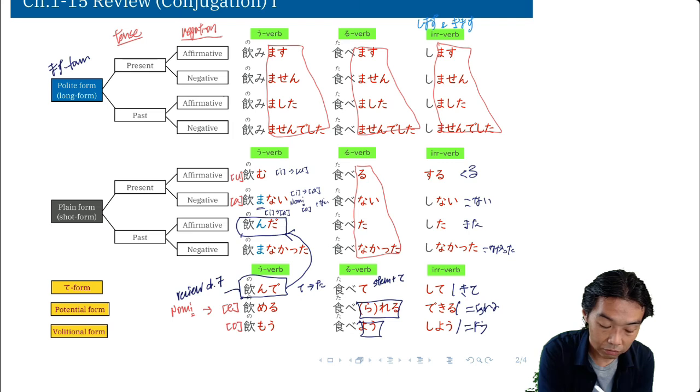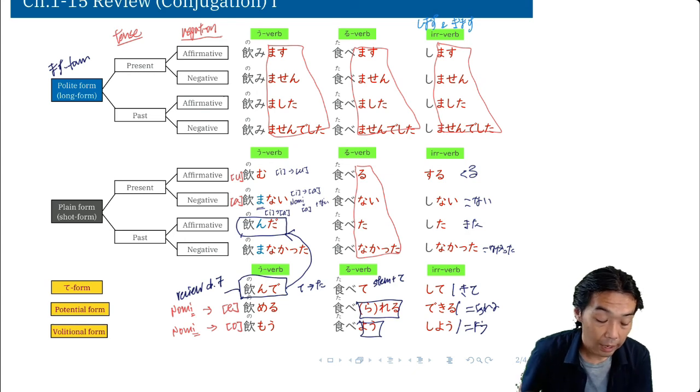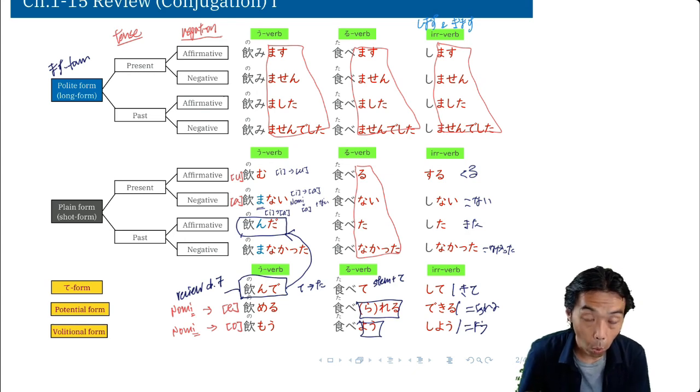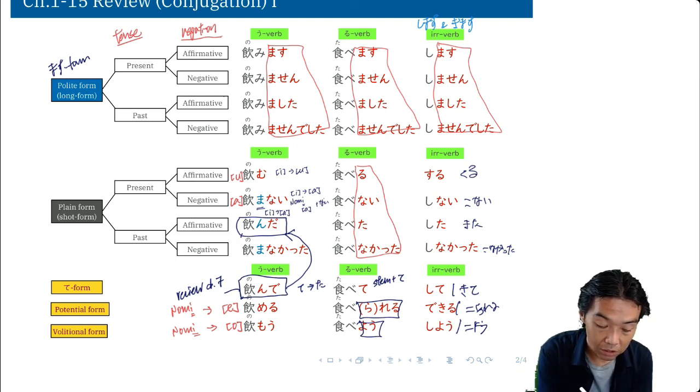The potential form is associated with the E sound. Volitional form is O sound. So nomi becomes nomou. Kaki becomes kakou, and yomi becomes yomou. So I changes to O.